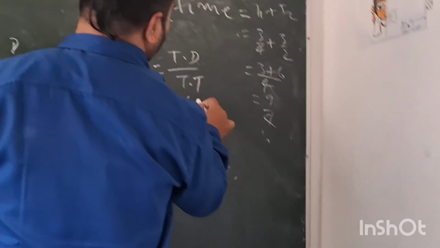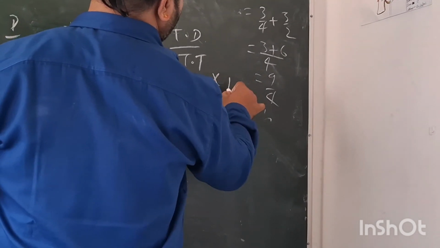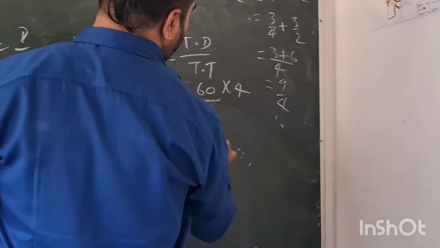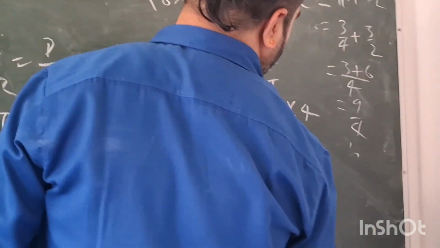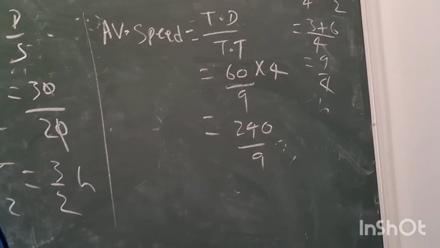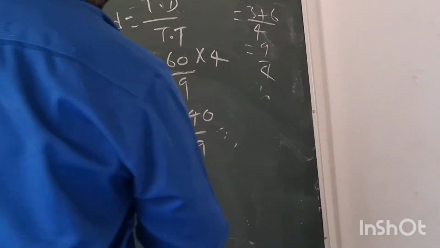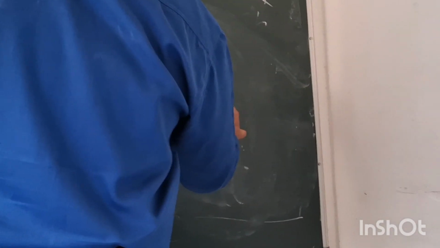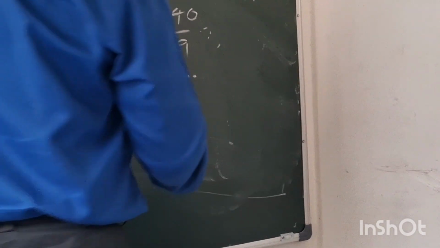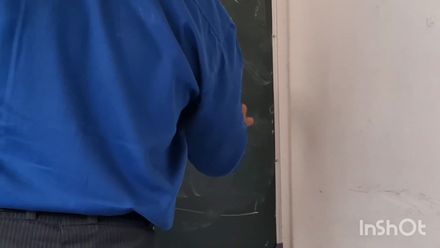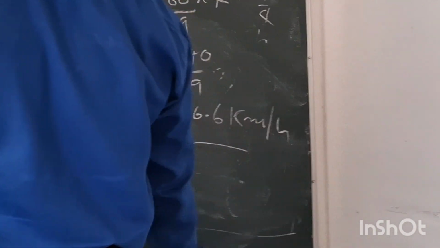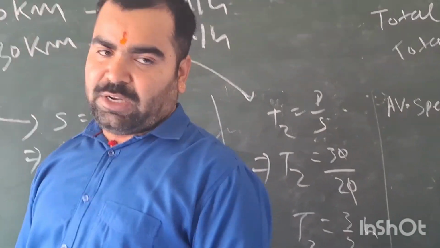Total distance 60 divided by 9 by 4, so the 4 goes up. 6 fours are 24, so 240 by 9. Divide this by 9 and you will get 26.6. So 26.6 kilometer per hour is the average speed of the car. Done.